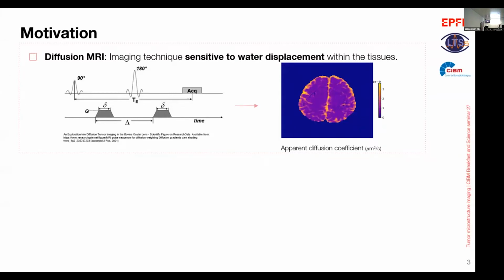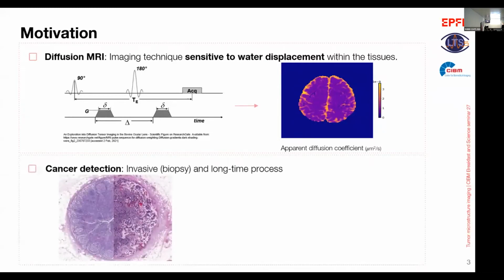So these gradients will encode and decode the position of water molecules inside the tissues. And what we measure is how far water molecules diffuse during the diffusion time. So how far they move from their initial position. Based on the sequence and the signals generated, we calculate some metrics. And one of them is the apparent diffusion coefficient that you have here, which quantifies how much water moves during this diffusion time.